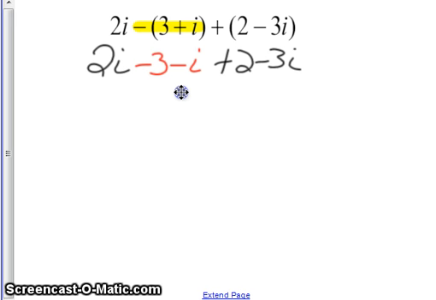So as I'm combining like terms, I'm first looking for all of the ones that do not have an i. So -3 and +2 would make -1. And now I'm going to combine all of the terms that have an i. So I've got 2i plus -1i makes 1i. 1i plus -3i makes -2i. How is that? Good.